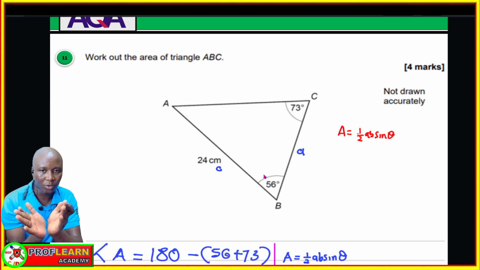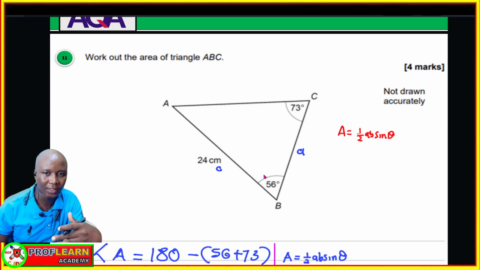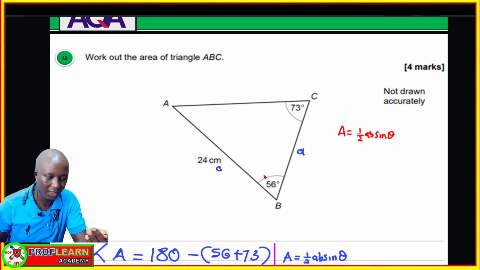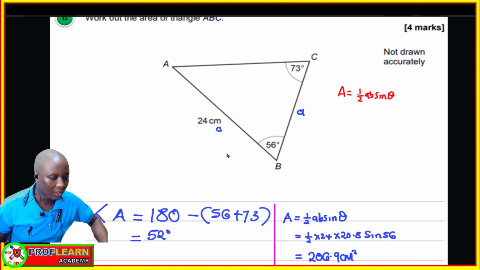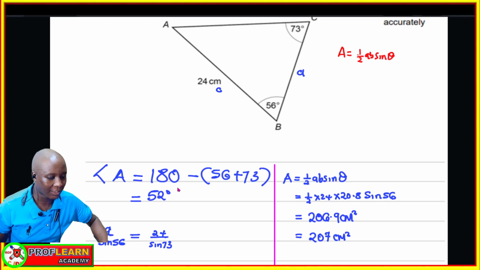A and B are the two sides that are forming the angle that you are using there. And if it was a triangle that is having base and height, you can be able to use half base times height. But now in our case here, I had to use a sine rule.